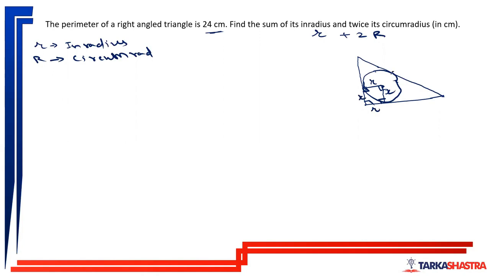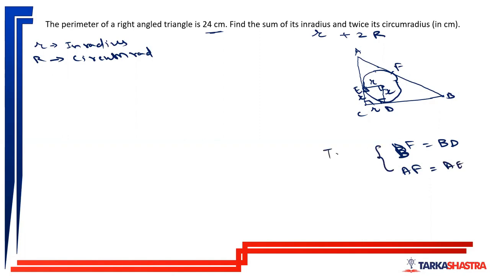Now, let us look at these points. Let us say this is A, this is B, this is F, this is C, this is D, this is E. Now, BF is equal to BD, and also AF is equal to AE. Why?